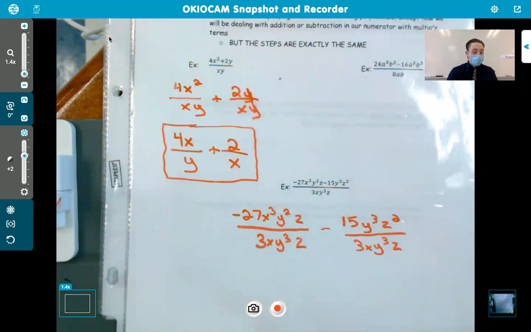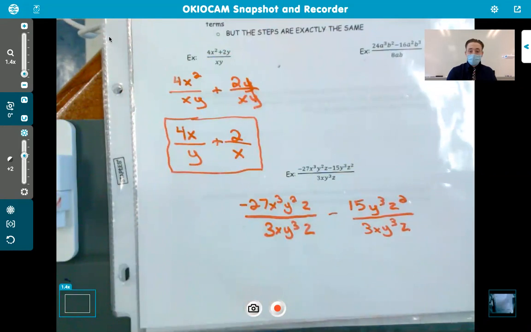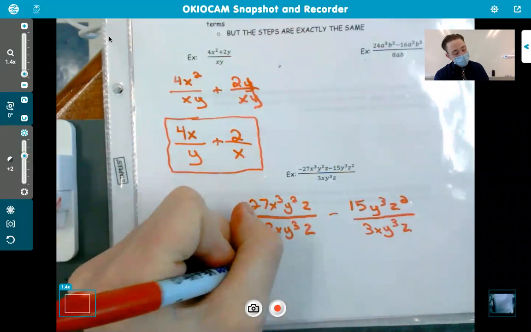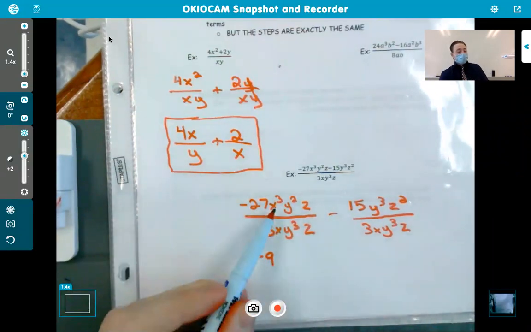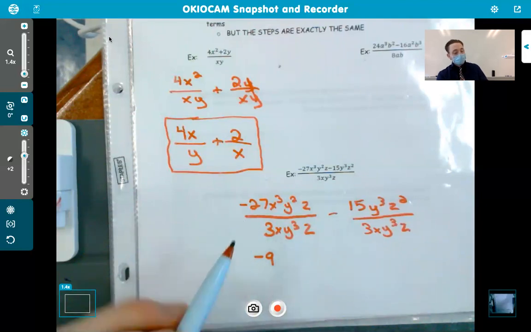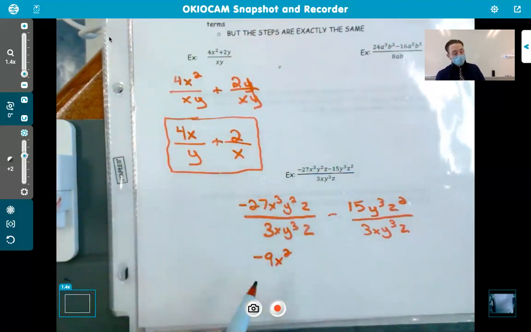And now I'm going to just take this step by step. So if I look at my coefficients in that first fraction, what's negative 27 divided by 3? Good. Negative 9. What's x cubed divided by x to the first power? X squared. That stays in the numerator, right?